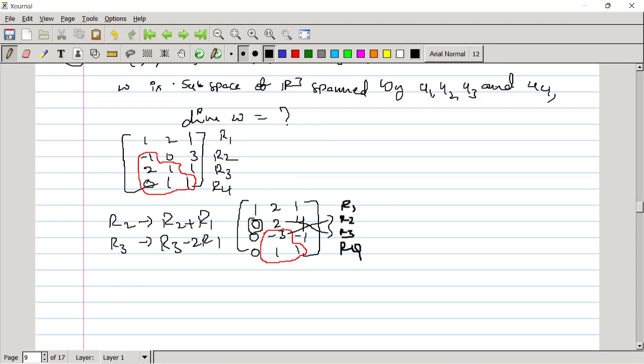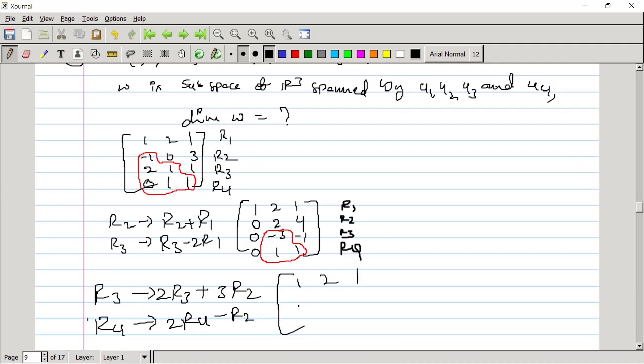So R3 will become 2R3 plus 3R2, and similarly R4 will become 2R4 minus R2.